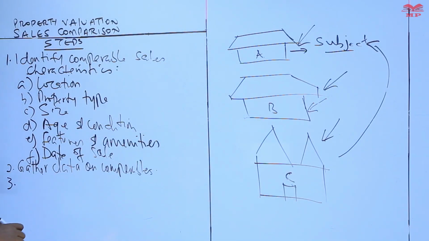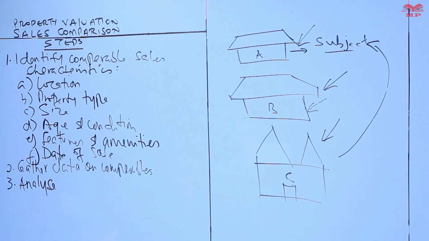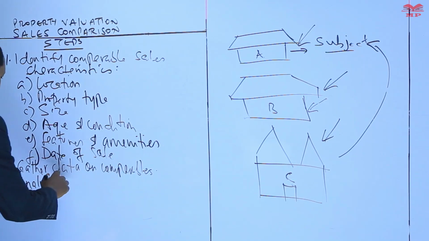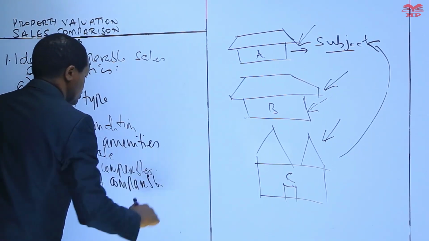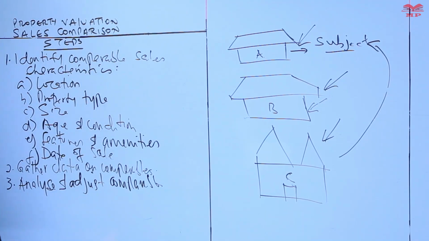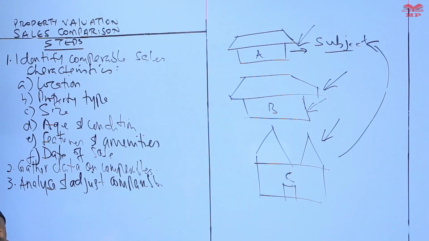Step number 3 is to analyze and adjust comparables. Because we recall, we said that it's not possible to have properties that have exactly identical features.